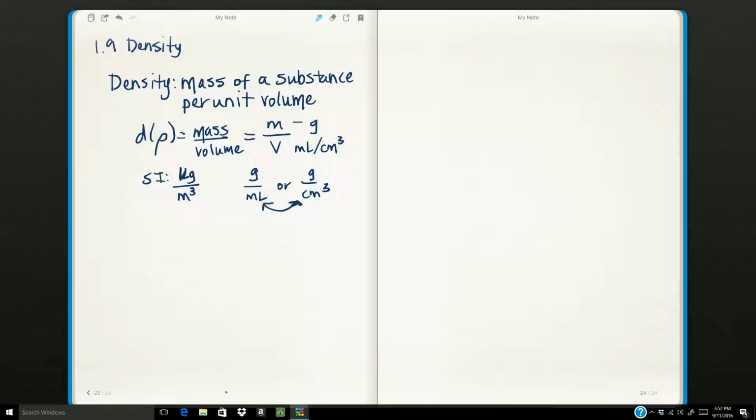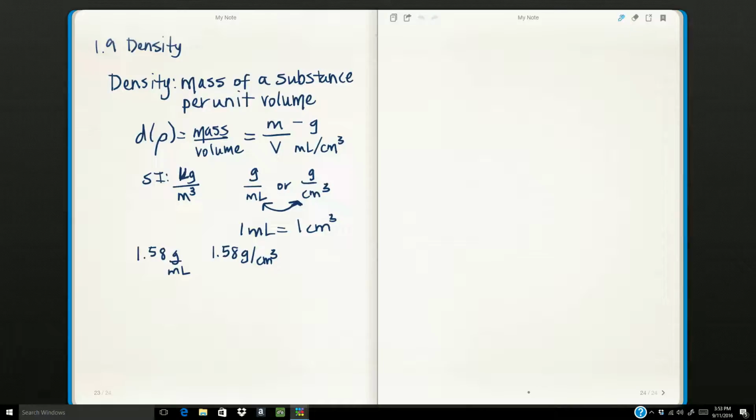So 1 milliliter is equal to 1 centimeter cubed. So for example, if your density was 1.58 grams per milliliter, it is also 1.58 grams per centimeter cubed.